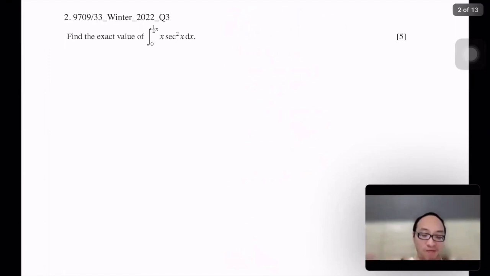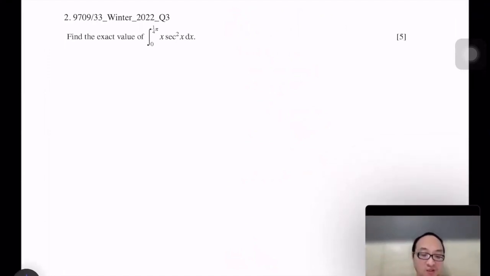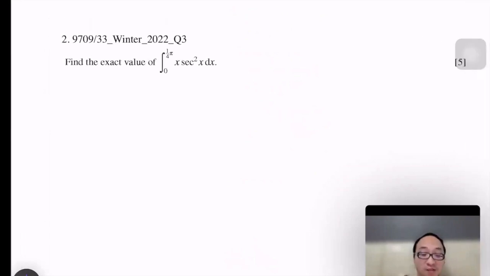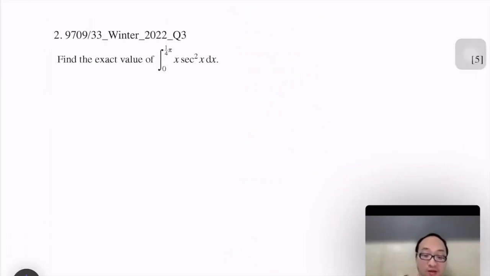Number 2. Find the exact value of the integral of x secant square x dx. This is integration by parts. According to the rule LIATE, we have x as algebraic and secant as trigonometric, because A comes first, so we let u equal x, and dv is secant square x dx.